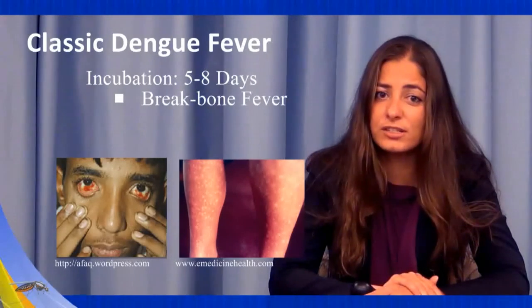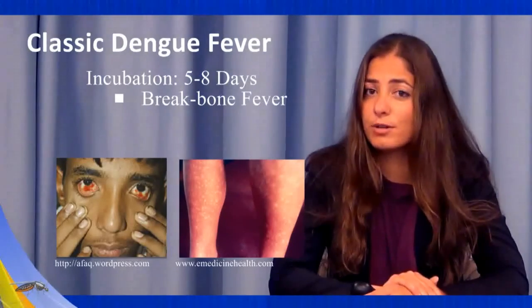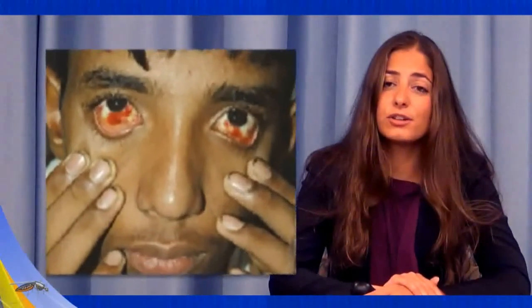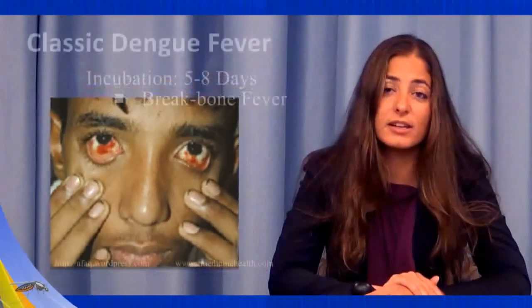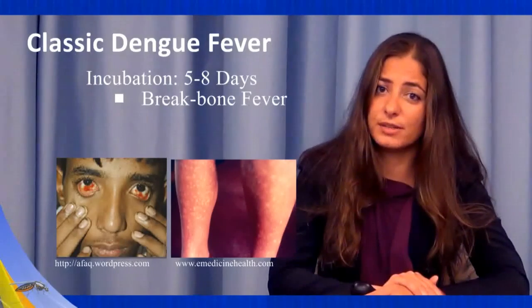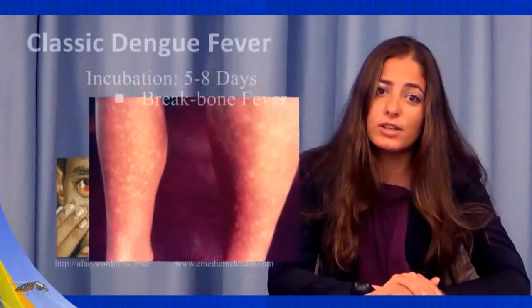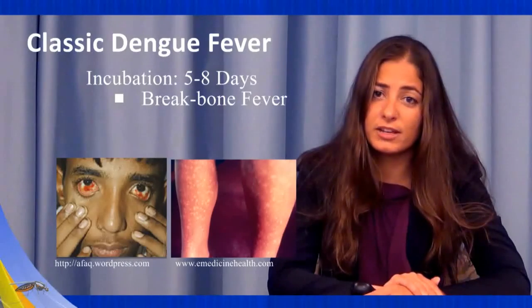Hemorrhagic manifestations due to thrombocytopenia are common, including purpura, petechiae, scleral ecchymosis, shown here on the left, epistaxis, and gastrointestinal bleeding. Other associated symptoms include rash, as shown on the right, cough, sore throat, nasal congestion, nausea, vomiting, and diarrhea.